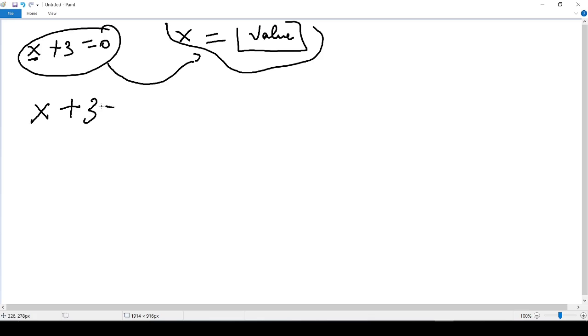Let me rewrite the equation here. We see that we have 0 on the right and x plus 3 on the left. That means x is not by itself. The plus 3 is disturbing the x. So we will want to send our plus 3 to the other side in order to have our x by itself.